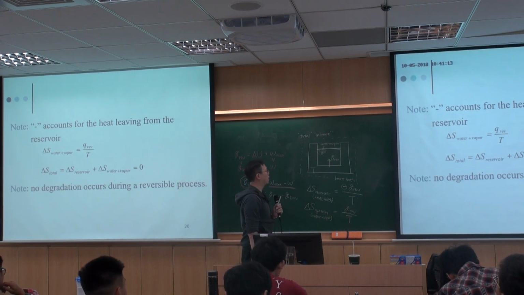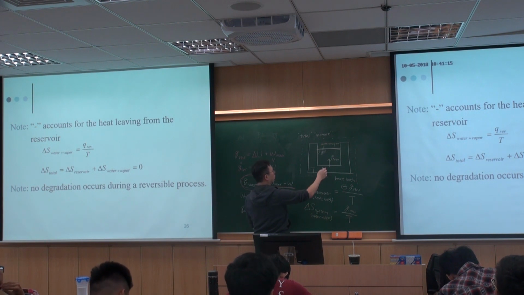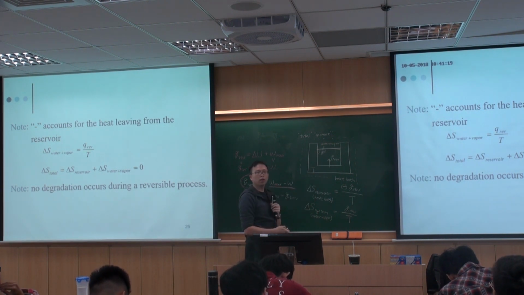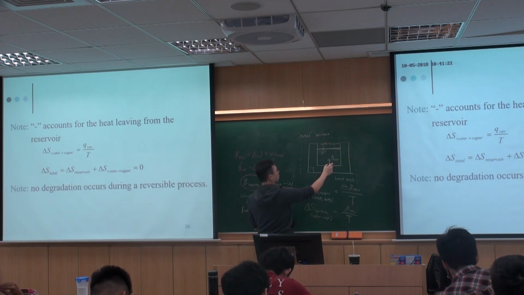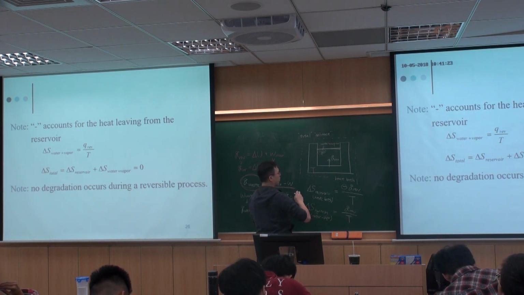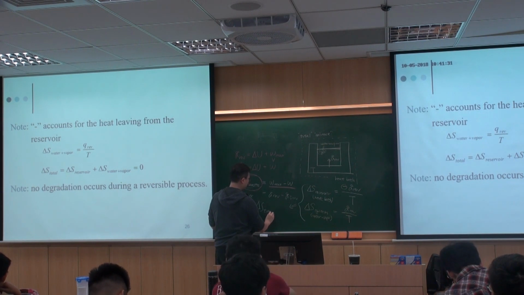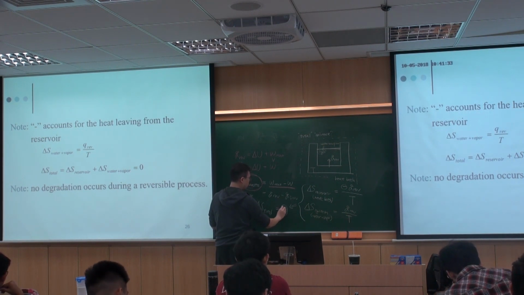So during this process, we know that heat is transferred from one part of the universe to the other part. And this amount is the same. Therefore, if you add these two together, it will be 0.